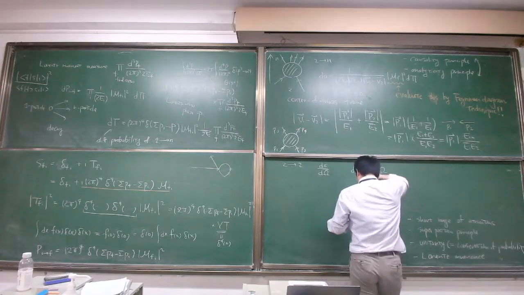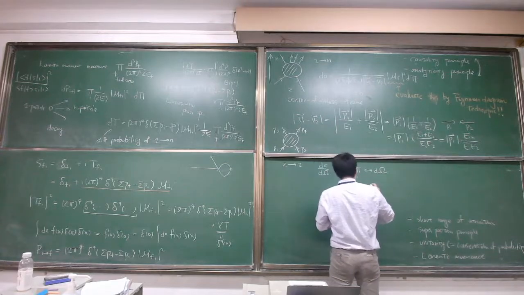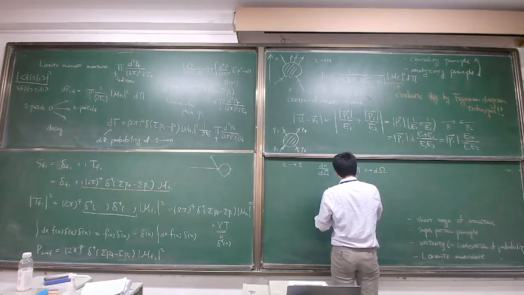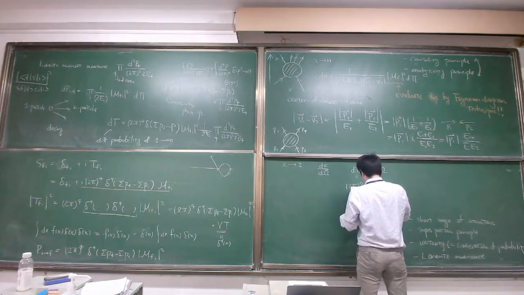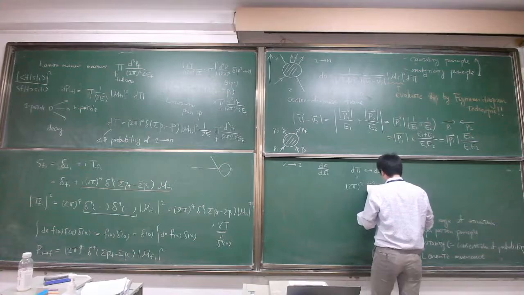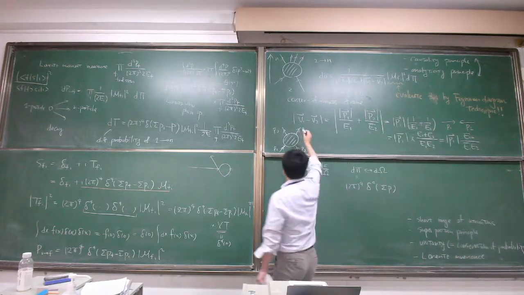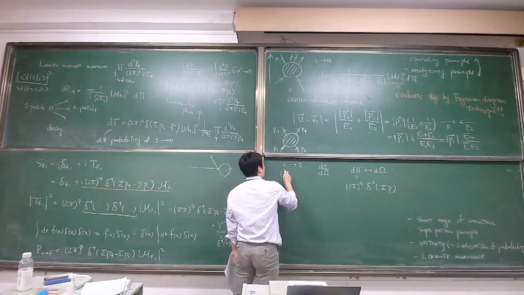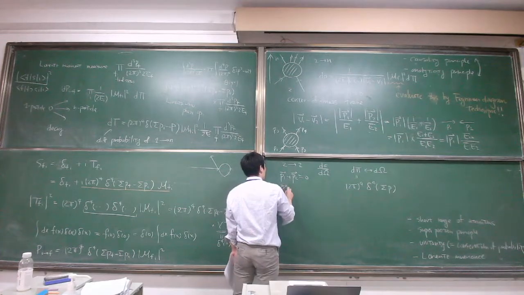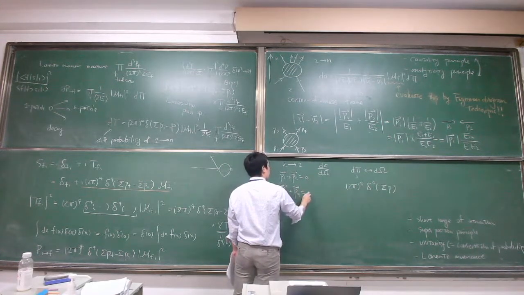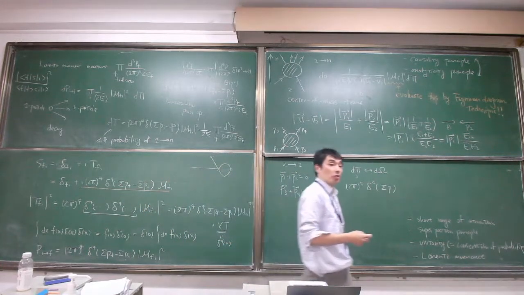dΩ? That can be easily seen: this dΠ is (2π)^4 times a delta function of the sum of p, and now it is the center of mass frame. So p1 plus p2 should be equal to 0, and p3 plus p4 should be 0, because of the momentum conservation.